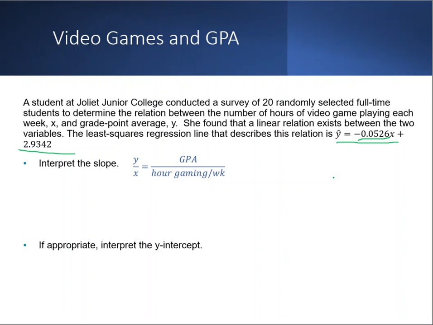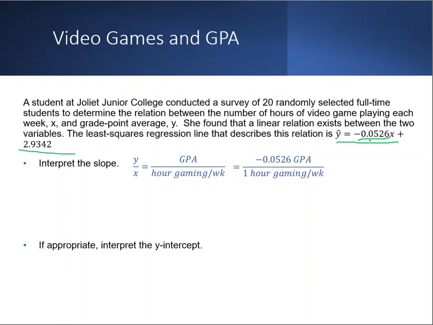As we said in a previous video, I can always take the number representing the slope, the negative 0.0526, and write it over the number 1 without changing that value. So we might say negative 0.0526 GPA for 1 hour gaming per week. That helps us almost write the sentence just because I put it in that form.